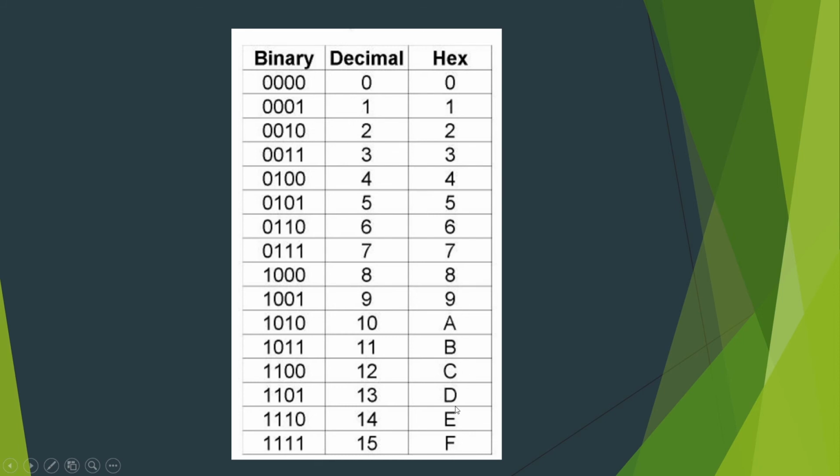Don't worry if this sounds confusing. In future videos we will be converting this number system to another number system so that you will get more clarity about this. And the next one is binary.